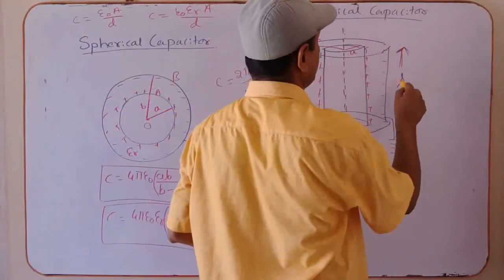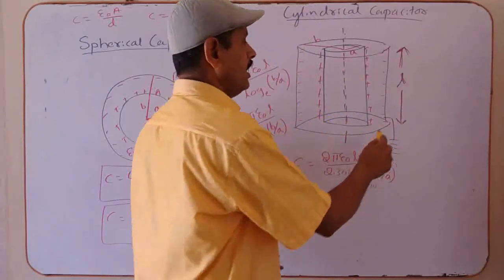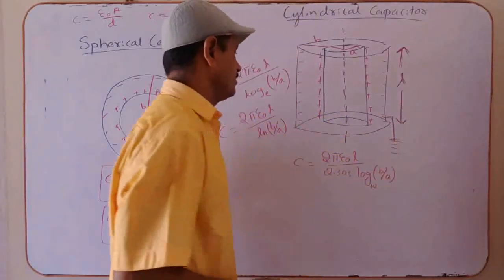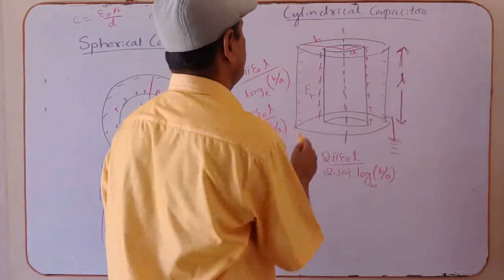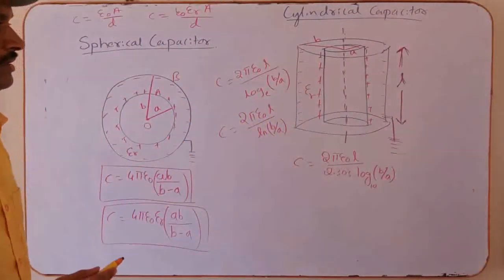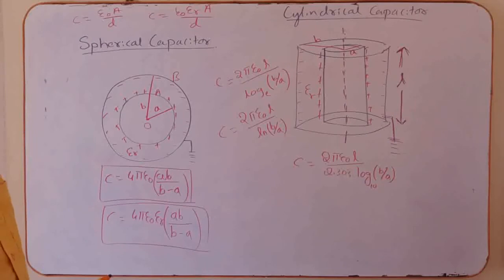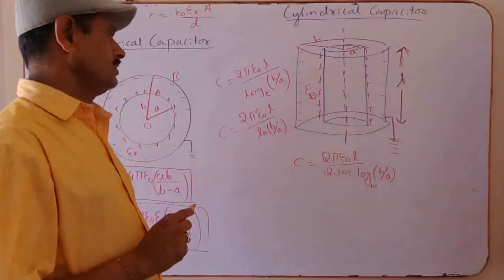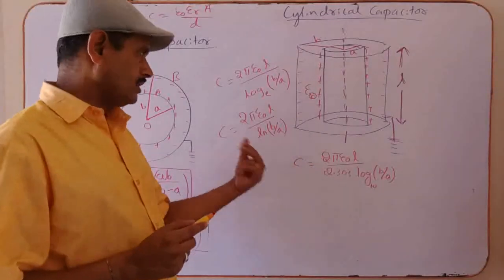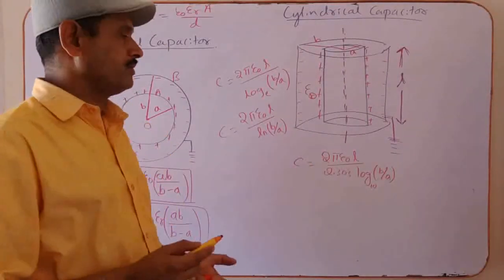Each has length L. L is the length, and the outer cylindrical conductor is connected to the earth. Suppose the radial space is filled with a dielectric of constant epsilon r. Here, suppose there is only epsilon naught. If it is other than air, you have to take epsilon naught into epsilon r.